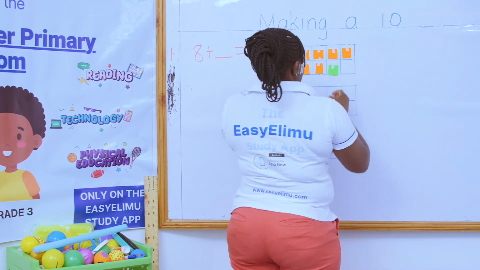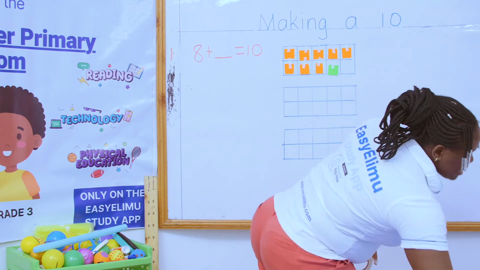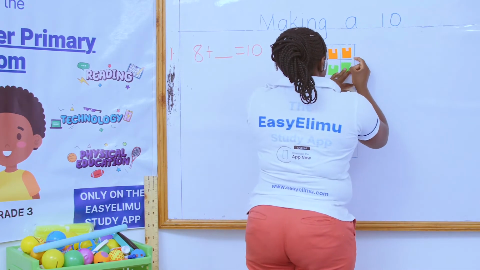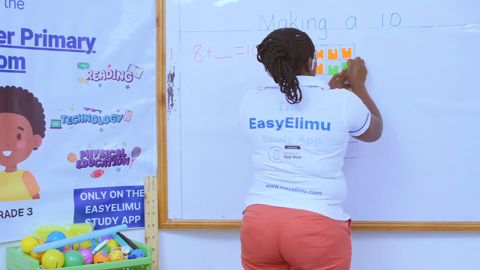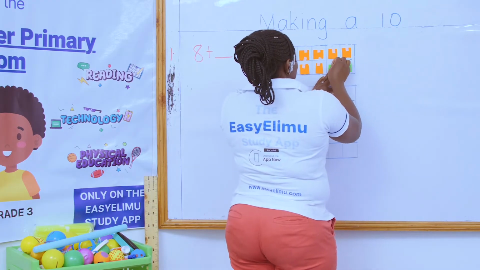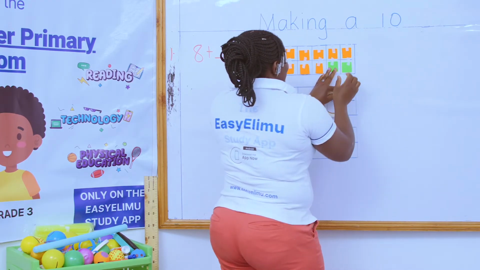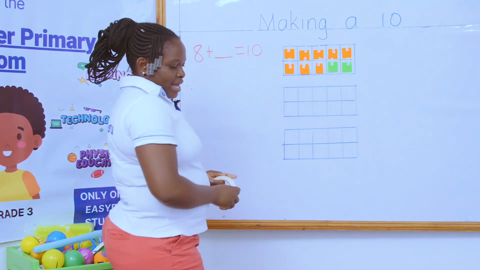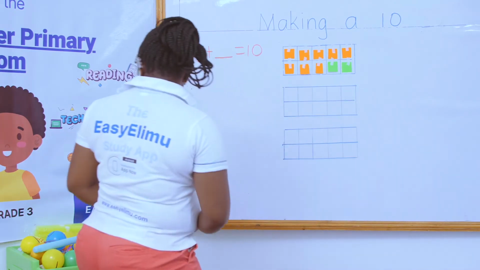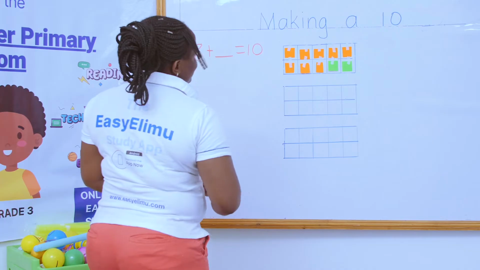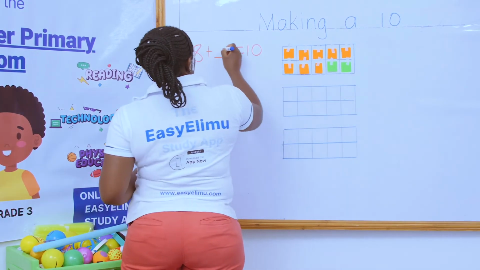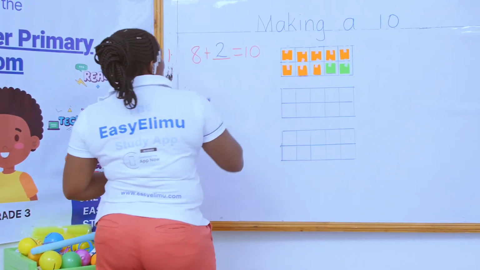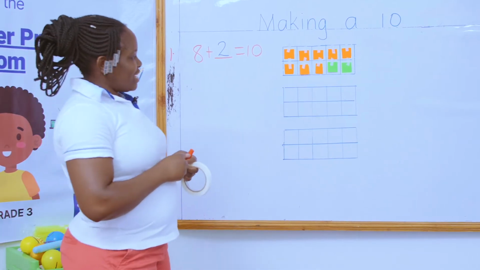How many counters have I added there? And 10. So for me to make a 10, how many more counters did I need? I needed 2 more counters to make a 10.